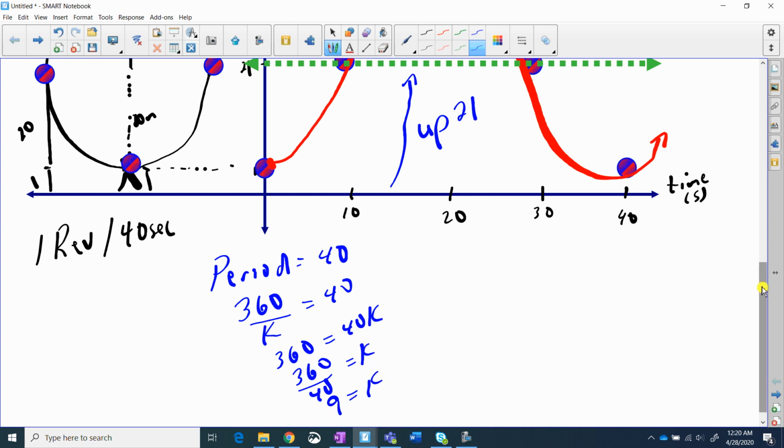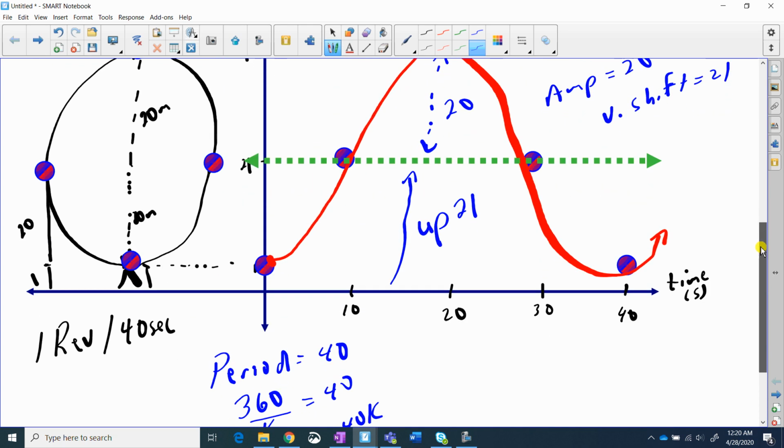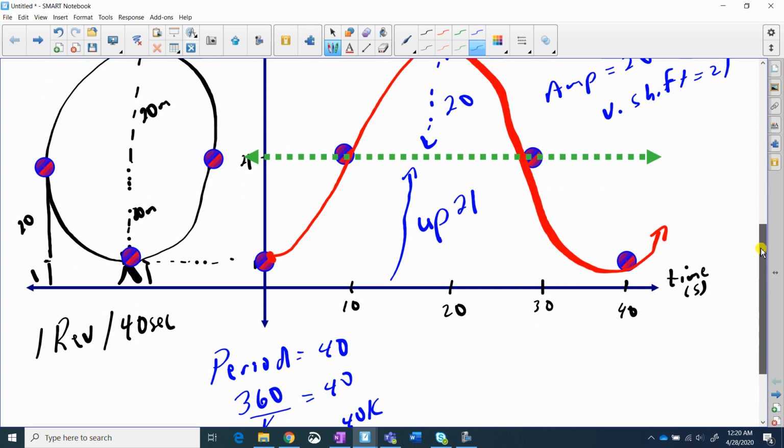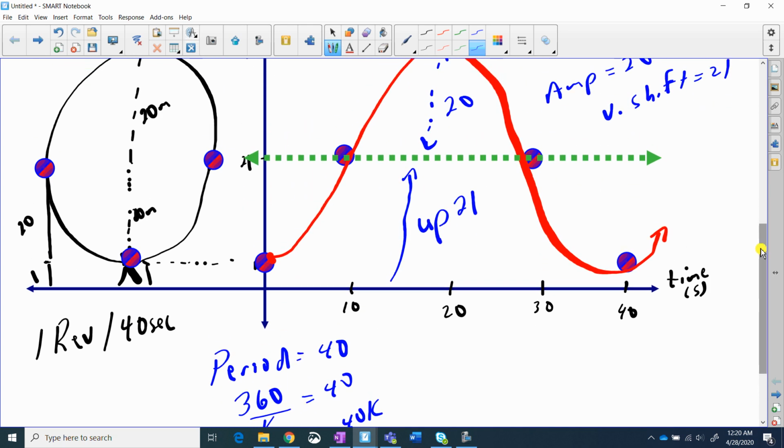Now, we get to pick a phase shift to go with any trig function we want. On the assignment, I was asking you to specifically find a sine function and a cosine function for each of those graphs that I gave you. It is now completely wide open and you get to choose.